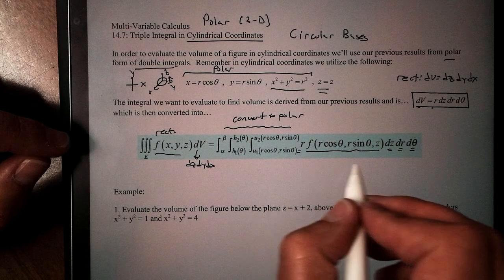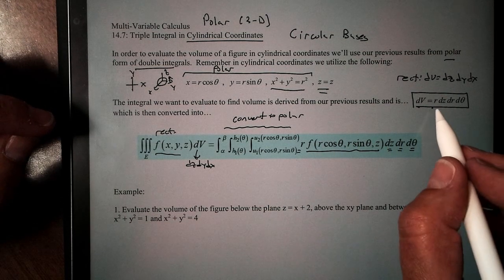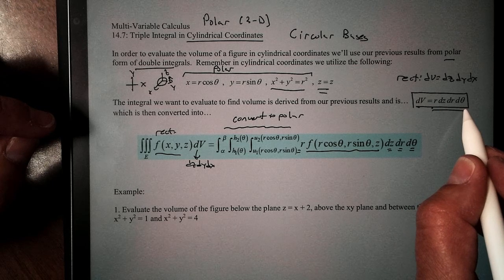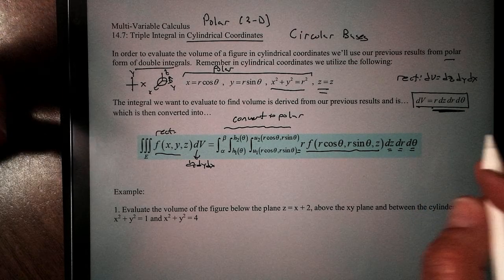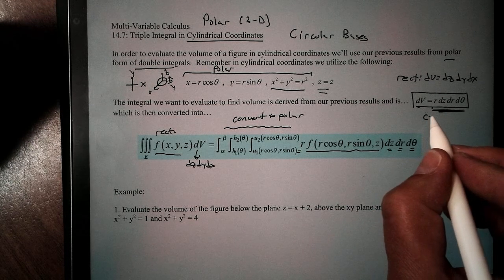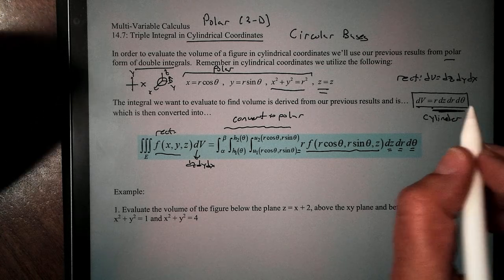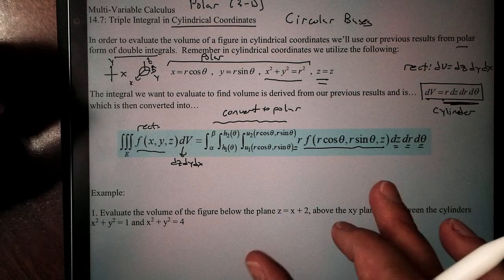So what is this really trying to find the volume of? Well, if you ignore the function part, if we only want to look at this part, what do we really find the volume of? This is a cylinder. So how do I know that this is a cylinder? Well, one, I'm dealing with circular bases.